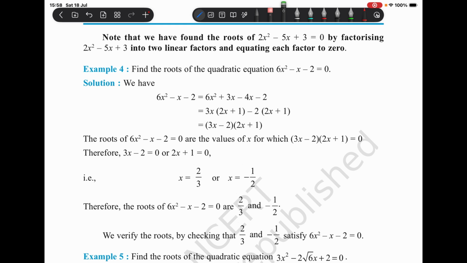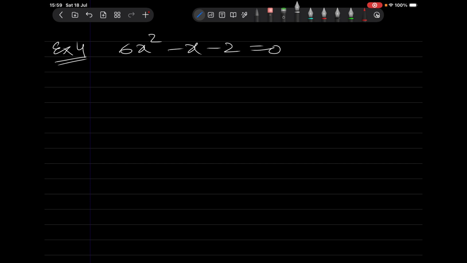We will solve one more example. Example 4. We have to find the roots of the quadratic equation 6x square minus x minus 2 equals to 0.